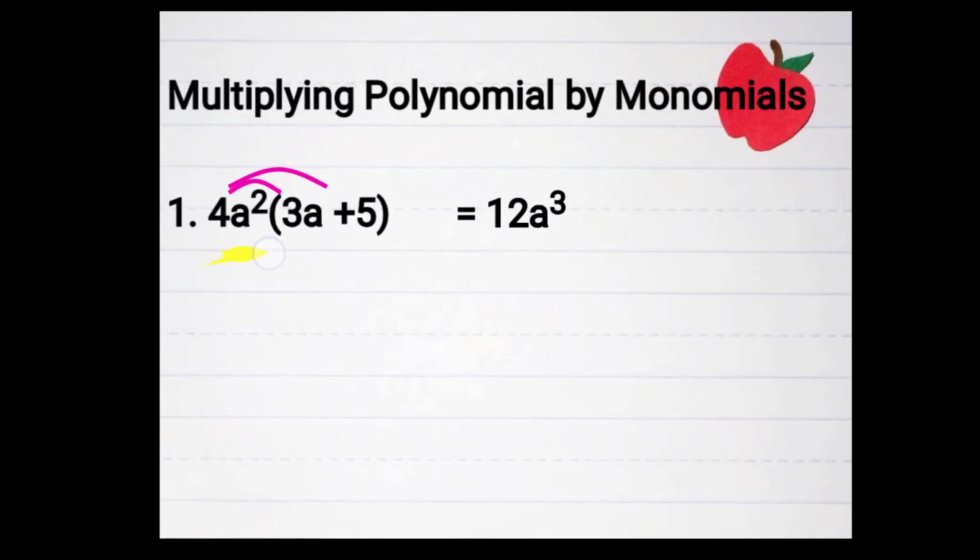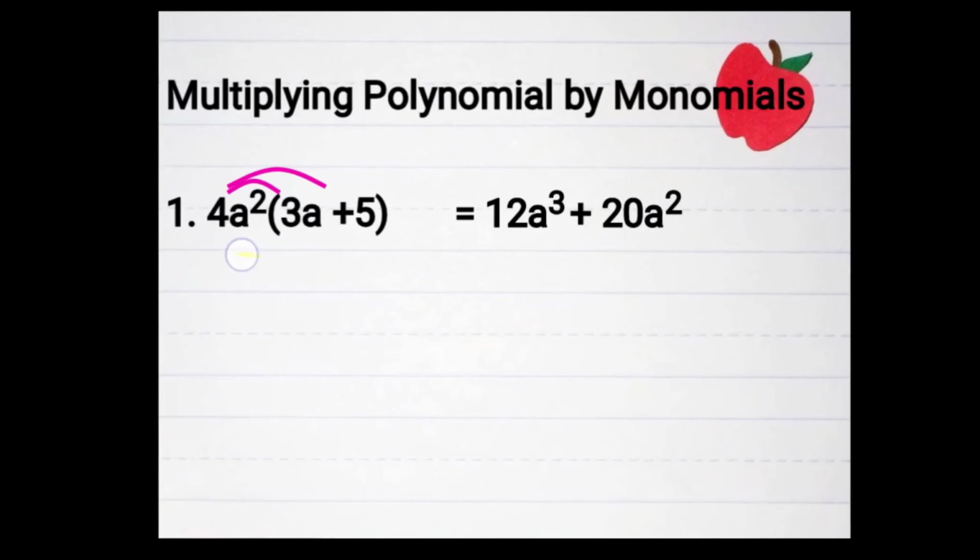Next, we have 4a squared times 5. So 4 times 5 is positive 20. So we will be having here positive 20. Then, as you can see, there is no a squared beside 5.